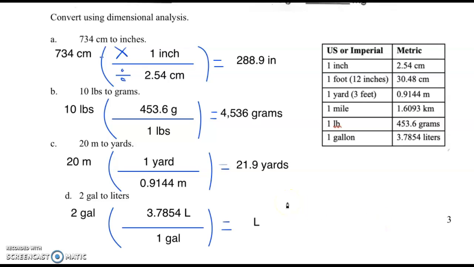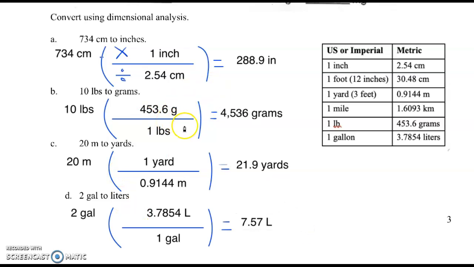Now it's 2 times the number on top. So I put in my calculator 2 times 3.7854 divided by 1, which gives me 7.57 liters. Okay, so those are the toughest ones.